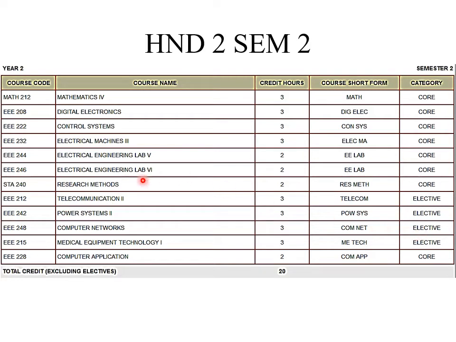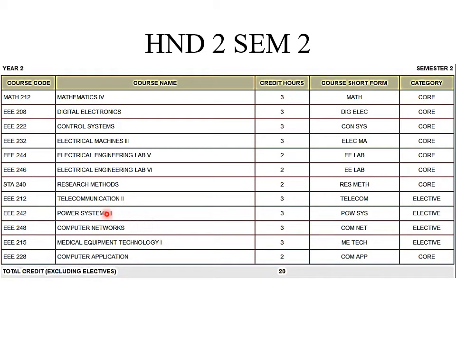So that means if you belong to telecommunication or if you want to do telecommunications, then you have to choose Telecommunication 2, okay, and you have to leave the rest of the electives, like you should not choose Power Systems 2, Computer Networks, Medical Equipment Technology, okay.